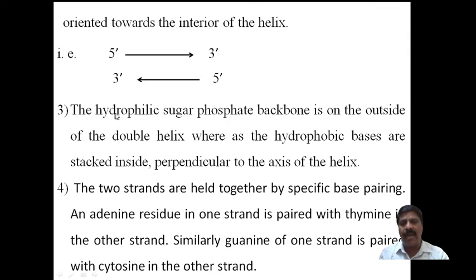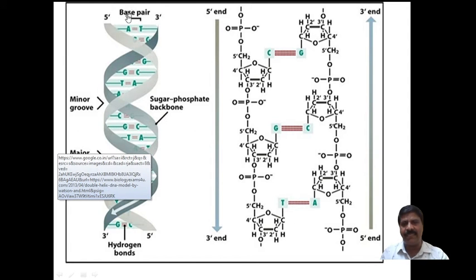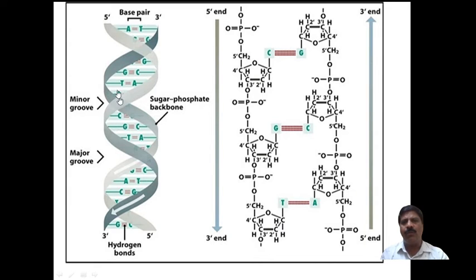Therefore, the hydrophilic sugar phosphate backbone is on the outside of the double helix. Just as I say here, one will be here. This is the 5 prime, and it goes from 5 prime to the 3 prime end. Okay.